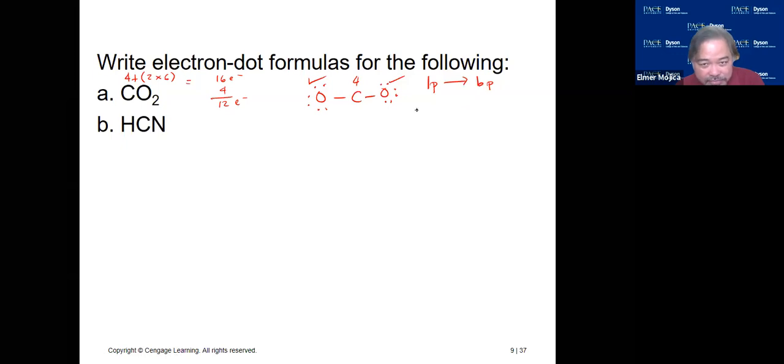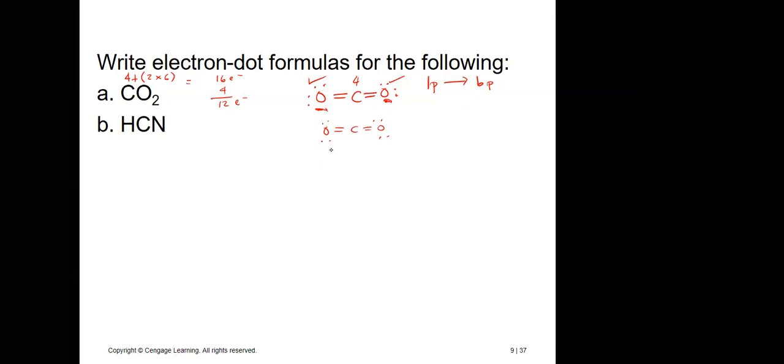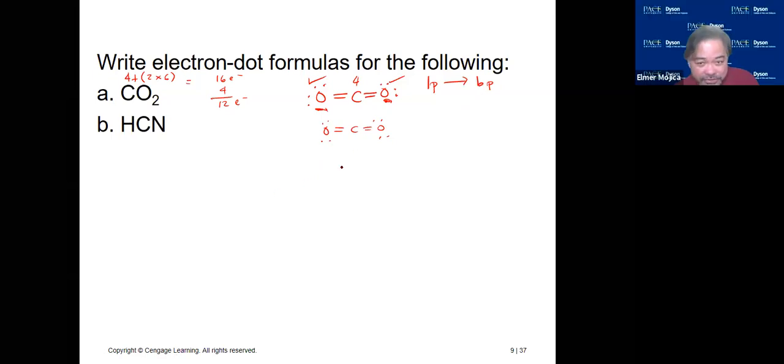So instead of isolating myself, what if I share it with carbon? And the same thing with this one. What if I share it with carbon? So is this a much better Lewis structure? Yes.